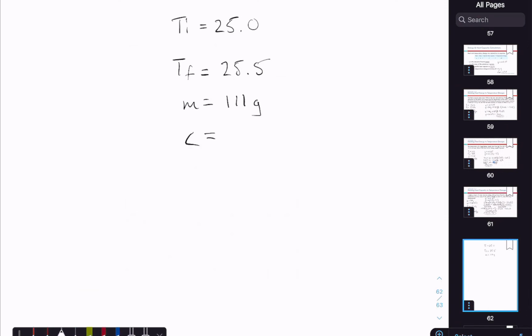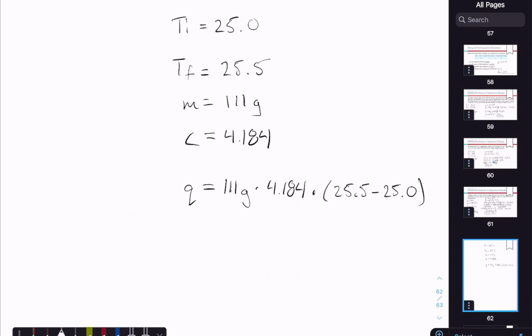It'll be for water, so it's going to be 4.184. And if we take our equation for Q and we plug in these numbers, final minus initial is going to be 25.5 minus 25.0. So, right, the minimum number of sig figs we have in our givens is 3.